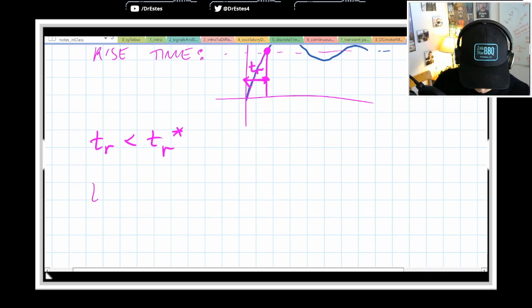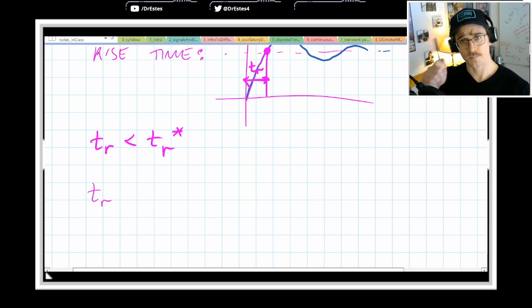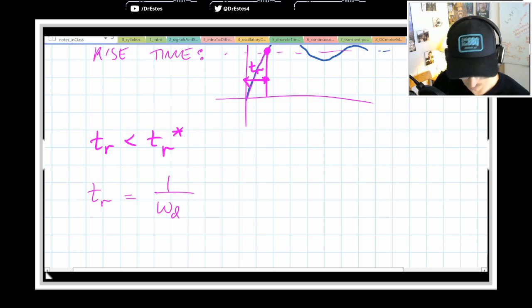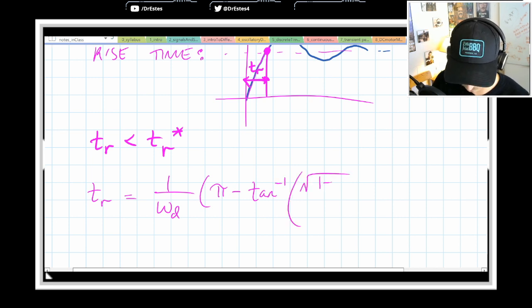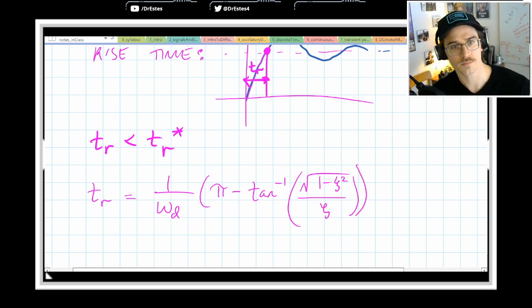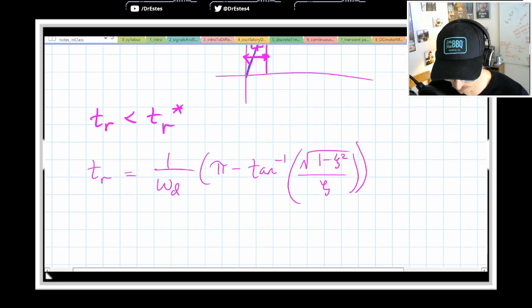And let's refresh the definition of the rise time. So we derived this before. Rise time is given by this formula, pi minus tangent inverse square root of 1 minus zeta squared over zeta. So the rise time is a function of your damping ratio and your natural frequency.